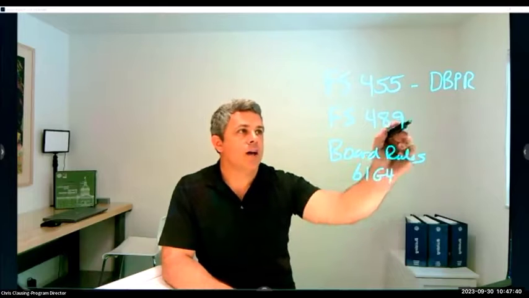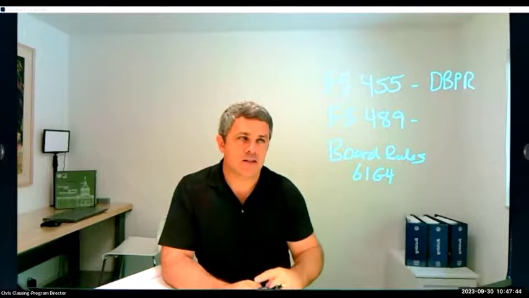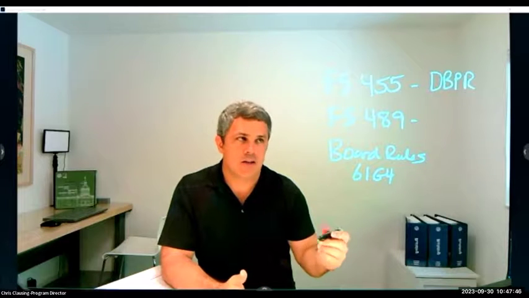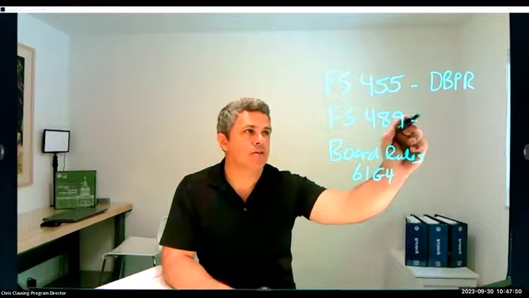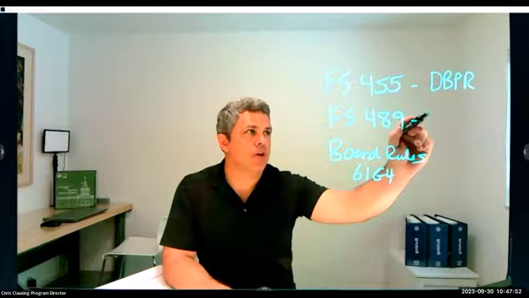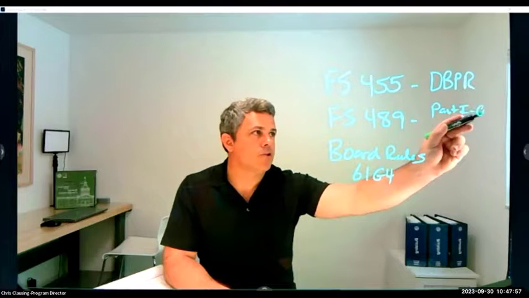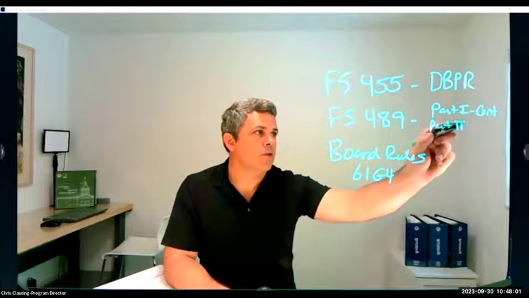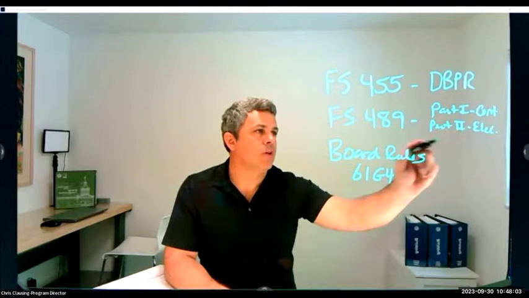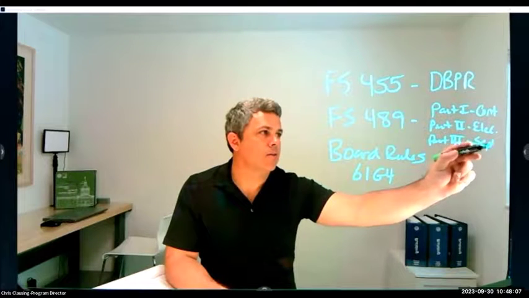The 489 covers the statute requirements for licensing for the DBPR. So this 489 is divided into basically three parts. Part 1 covers contractors, part 2 covers electrical and alarm, part 3 covers septic.